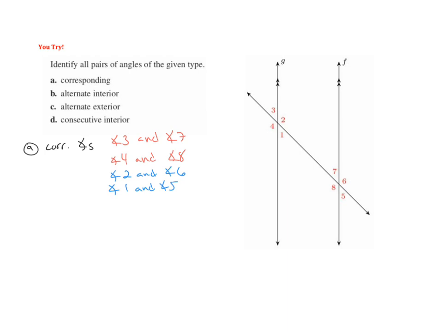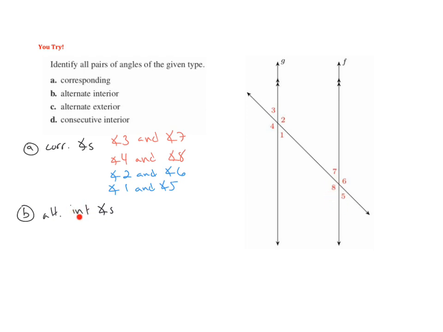Now, let's take a look at our alternate interior angles. Alternate means on the opposite side or on different sides of the transversal. So if I choose an angle that is on one side of the transversal, the top side here, the other angle has to be on the bottom side.